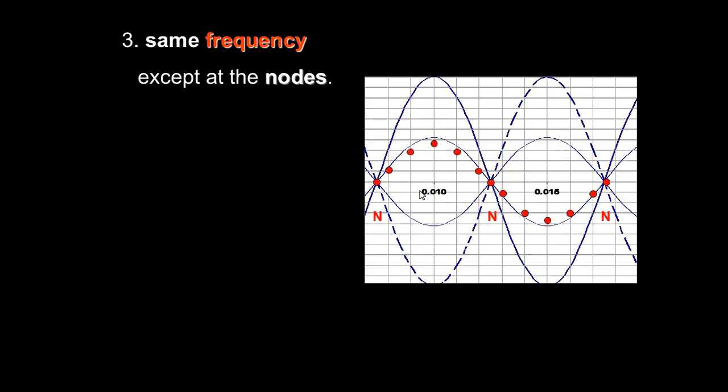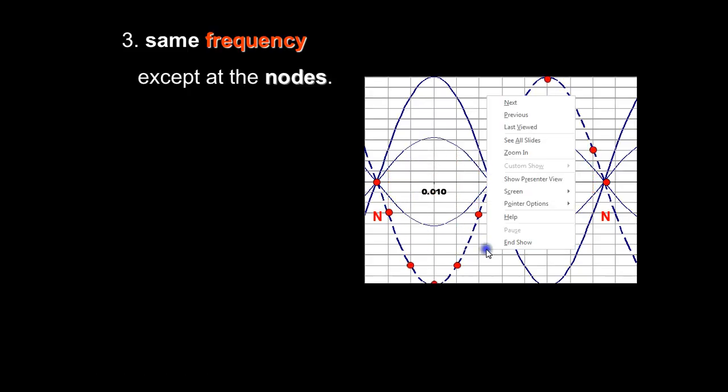So we say that they have the same frequency. All the particles have the same frequency, except the nodes, because they are not moving. Similarly, the particles here also move up together, down together. At one instant of time, they move to equilibrium together. At this instant of time, they all go to the maximum displacement.